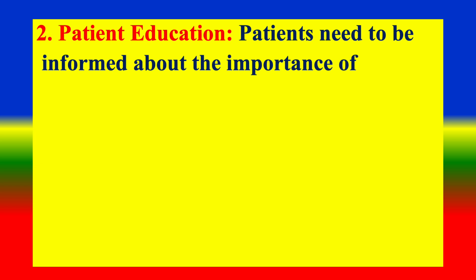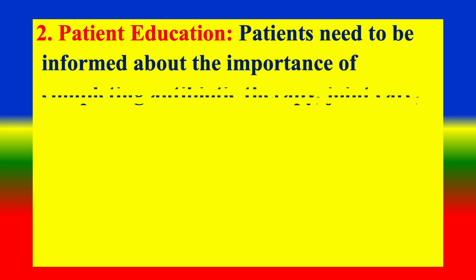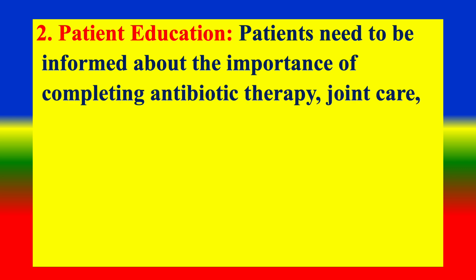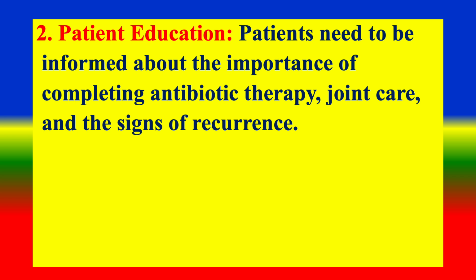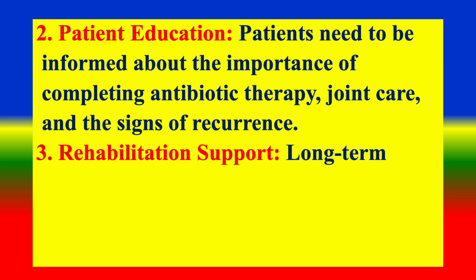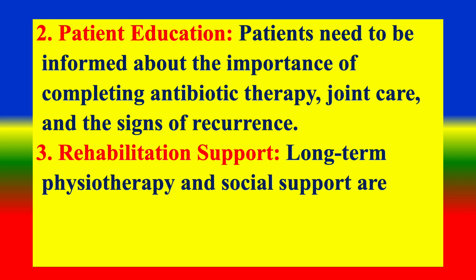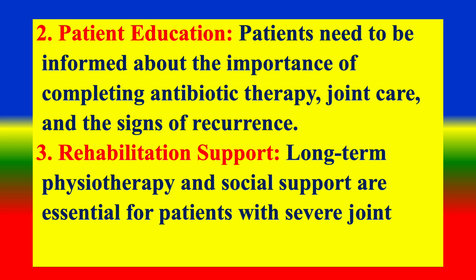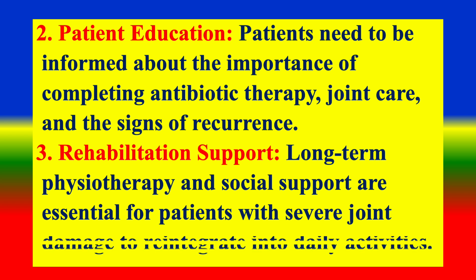Patients need to be informed about the importance of completing antibiotic therapy, joint care and the signs of recurrence. 3. Rehabilitation support. Long-term physiotherapy and social support are essential for patients with severe joint damage to reintegrate into daily activities.